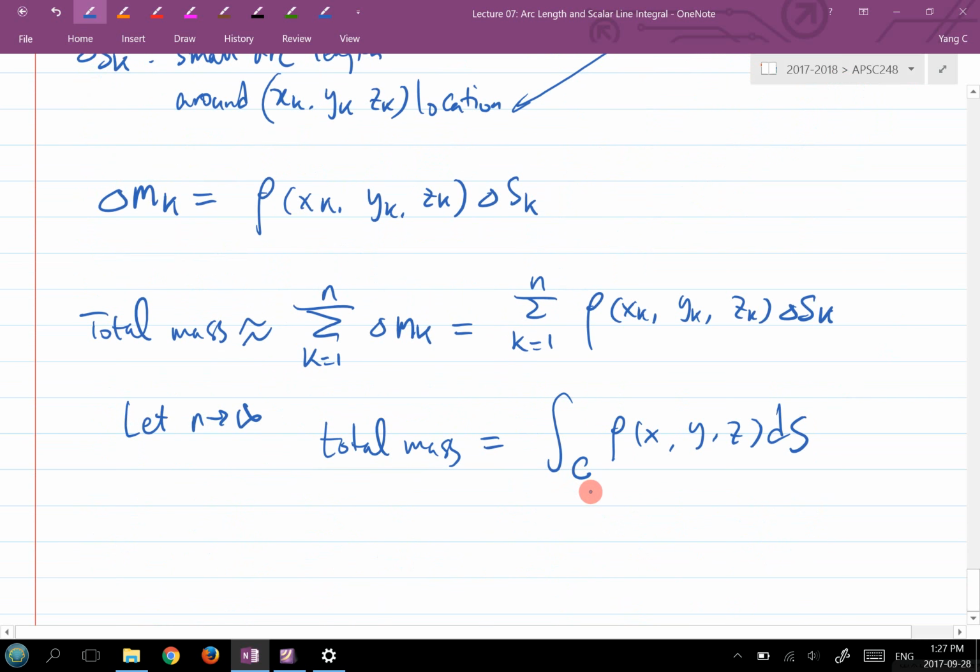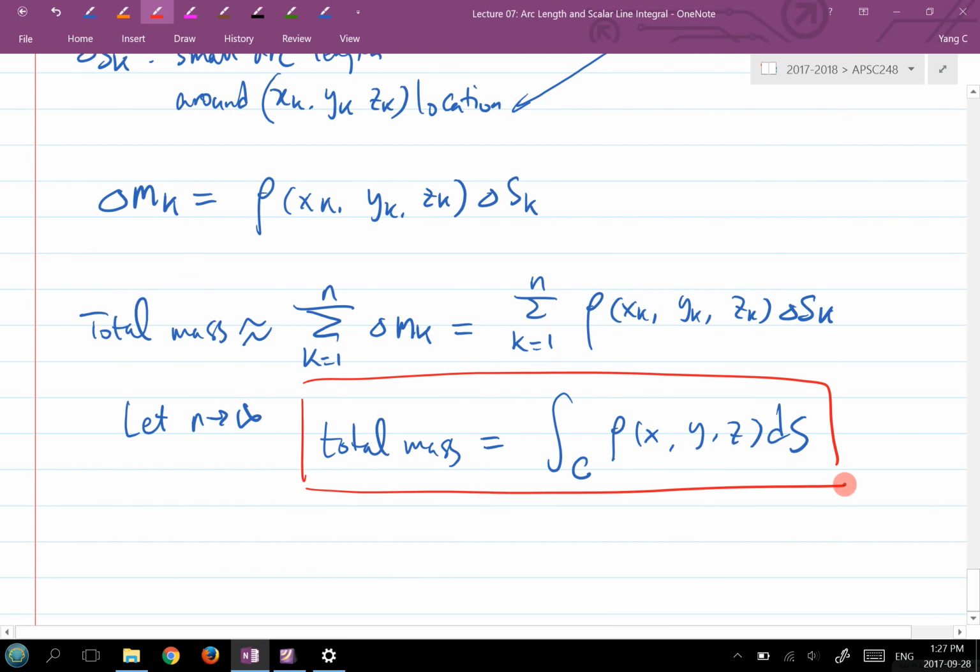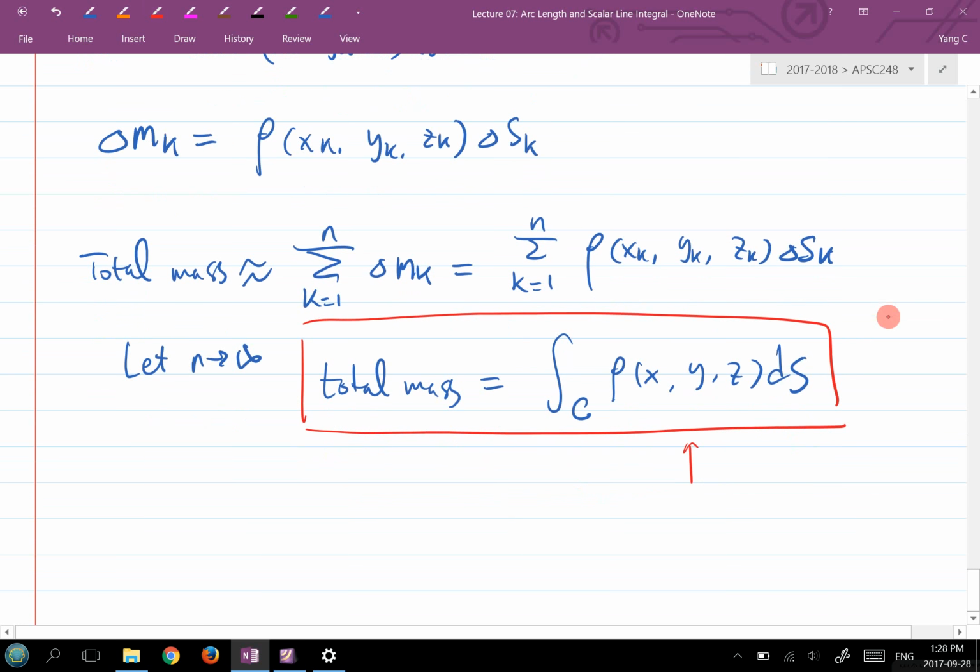Now at the end, we end up with an expression for the total mass. That expression involves a scalar function, which is the density in this case, and this small arc length ds, and the integration is along the curve C. This is what we call the scalar line integral formula.